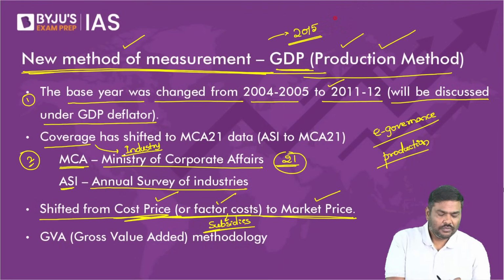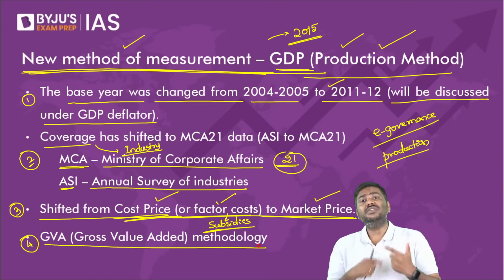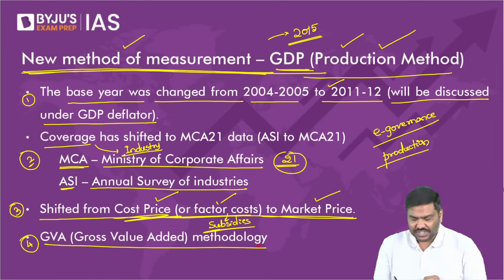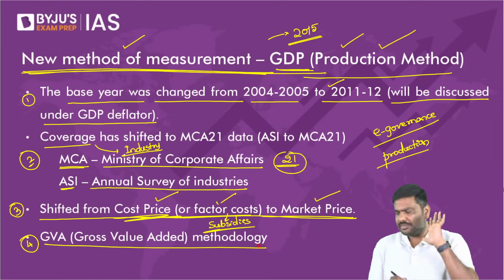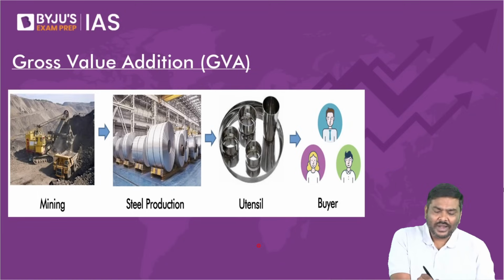The fourth one is the gross value addition methodology. We are calculating gross value addition, GVA. Now, what is the idea behind GVA? Let me start with a very simple example. I'm taking one industry here.